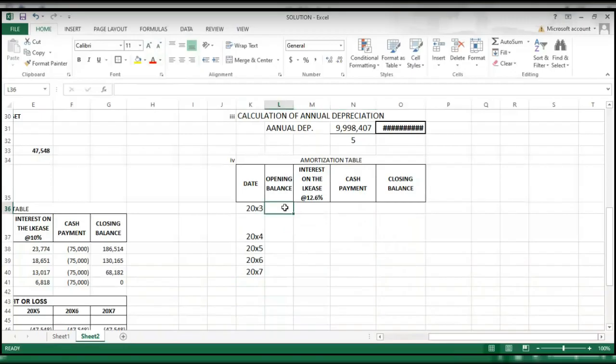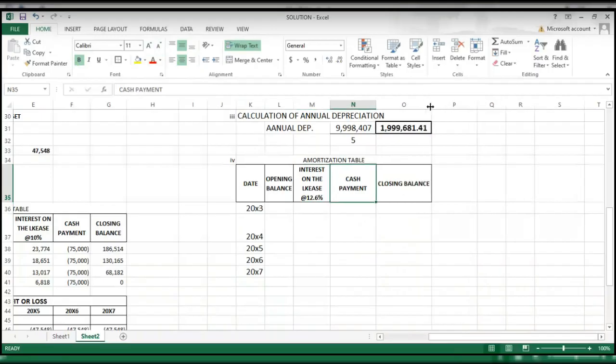Another thing to note is when lease payment is made in advance. Instead of cash payment coming behind interest charges, it will come before interest charges, because payment is made before interest is calculated. Payment that is made after interest is calculated is payment in arrears, made at the end of the year. But payment made in advance is made before the interest is calculated.